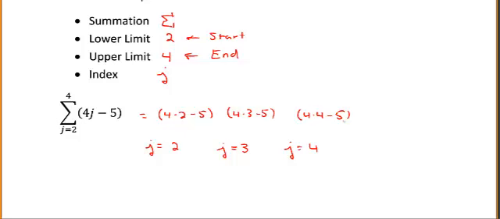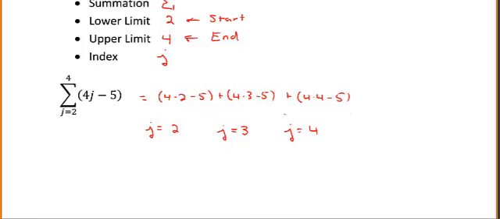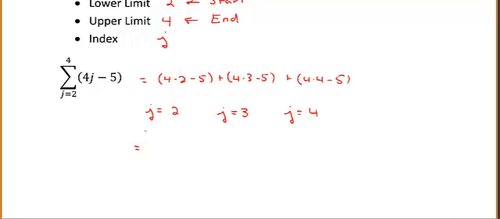Now if I add these expressions together, the j equals 2 expression, the j equals 3 expression, and the j equals 4 expression, of course, 8 minus 5 is 3, plus 12 minus 5 is 7, plus 16 minus 5 is 11. I'll get 21. So 21 is the value of this summation.